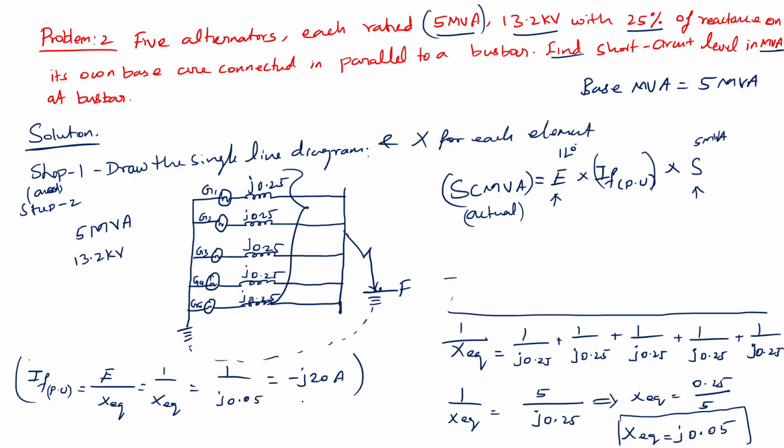So if I consider only the current value here without this j, then if I apply that value in SCMVA actual, that is nothing but 1 into 20 into 5. So how much value will I get? SCMVA actual is equal to 100 MVA.